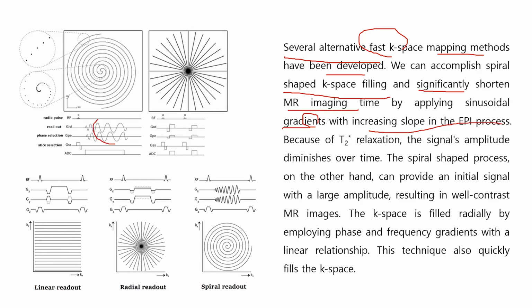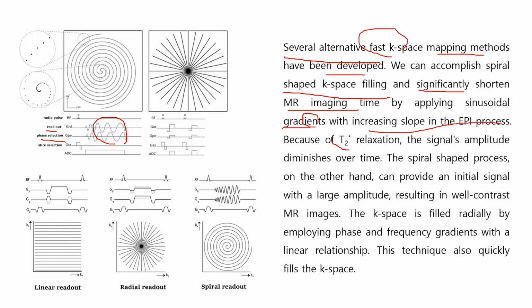So using this phase encoding gradient and frequency encoding gradient, the sinusoidal patterns of gradient, and its amplitude is gradually increasing. Then we can fill k-space in this way, spiral shape filling.